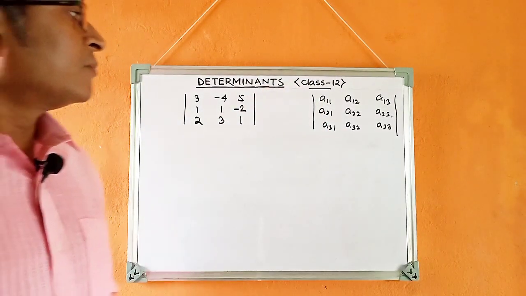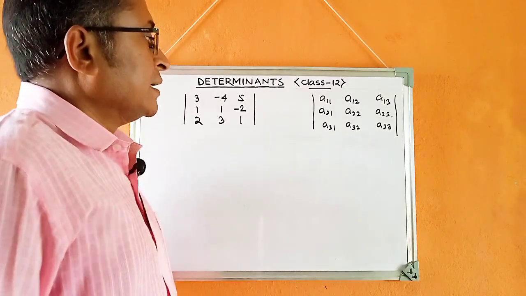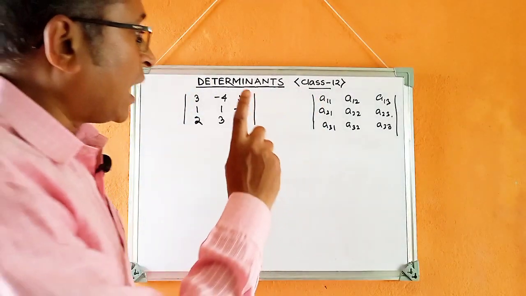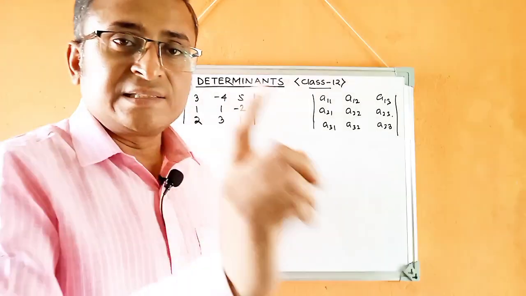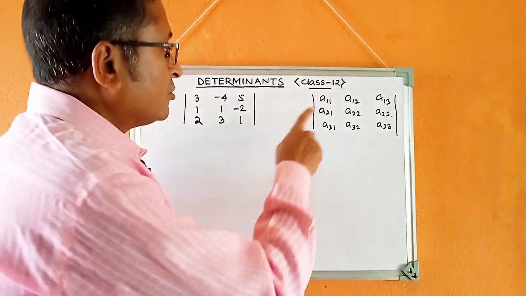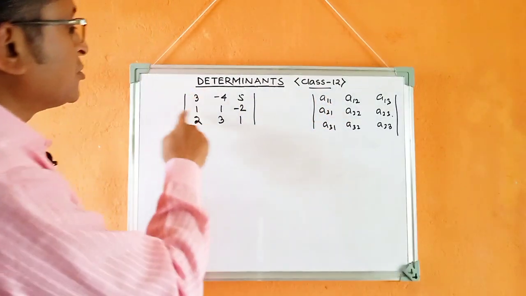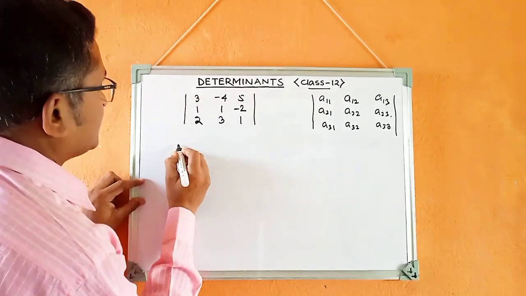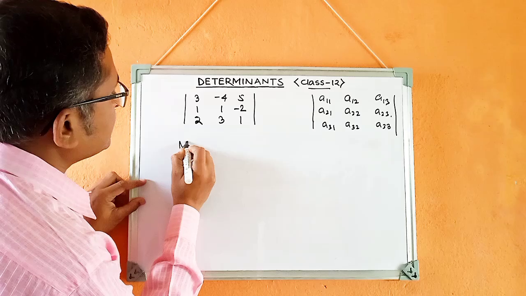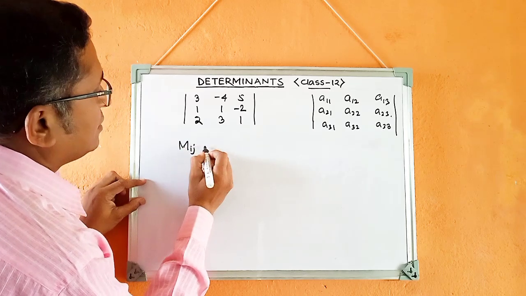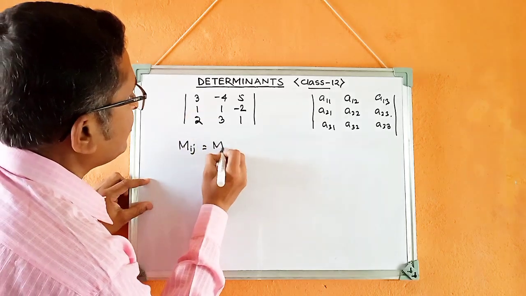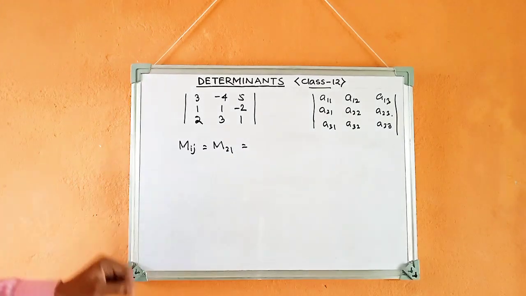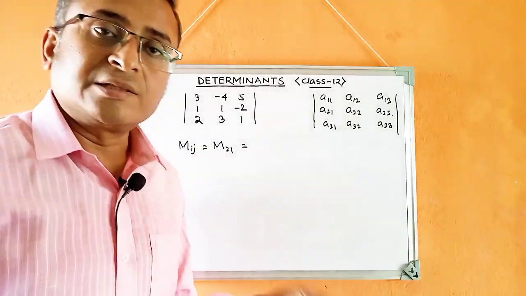So the minor of this element A21 is the determinant after deleting the ith row and jth column. Here A21 is 1. Suppose the minor is indicated as Mij, that means here it is M21.